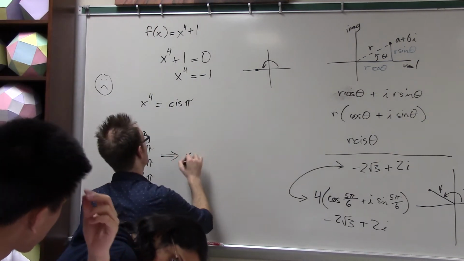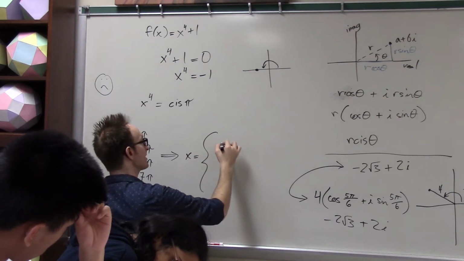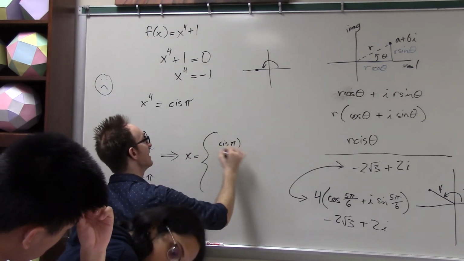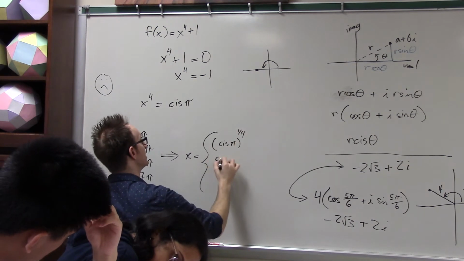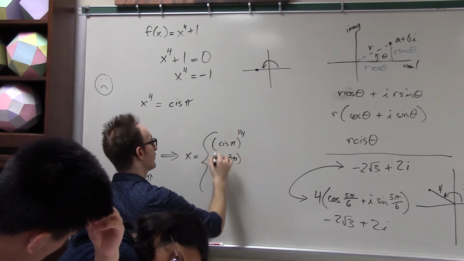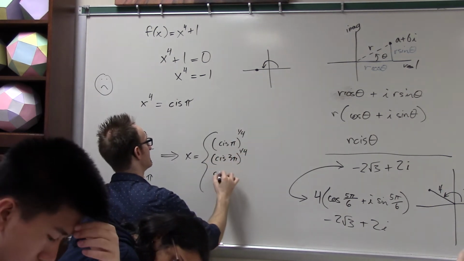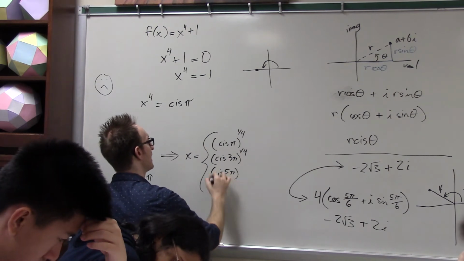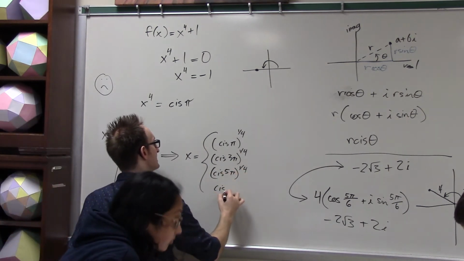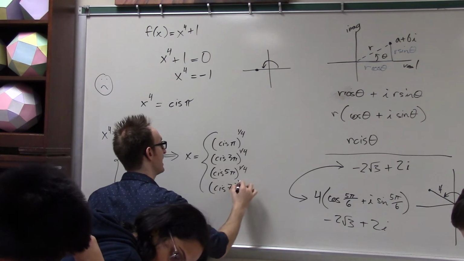And you get that x is cis pi to the 1/4 power, cis 3 pi to the 1/4 power, cis 5 pi to the 1/4 power, and cis 7 pi to the 1/4 power. And what happens?